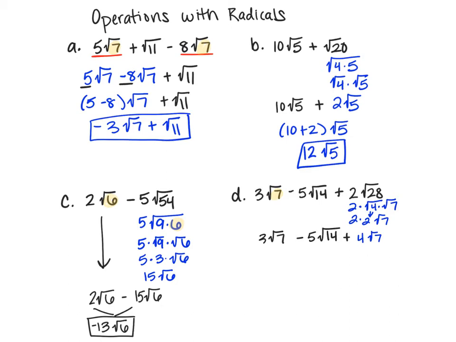So it looks like we're going to combine the 3 and the 4 to get 7 root 7. And then we have minus 5 root 14. So 5 root 14, like I said earlier, can't be simplified, so your final answer is 7 root 7 minus 5 root 14.